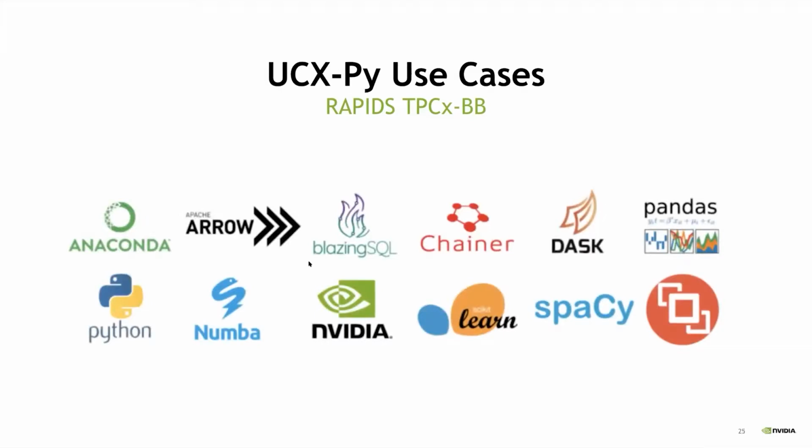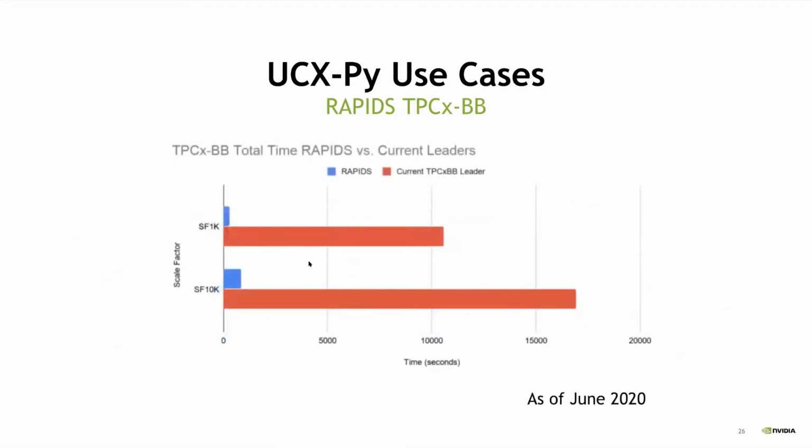To achieve that, we use a lot of different libraries, and these are some of them. Of course, to mention one of them is UCX at the end. This is more or less what we achieved with RAPIDS on TPC-XBB.